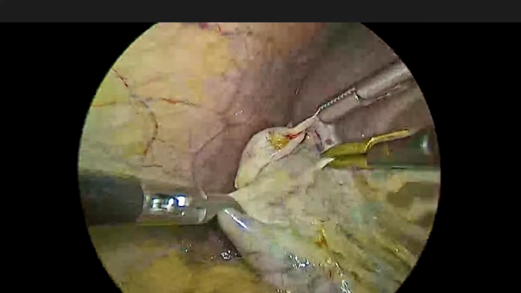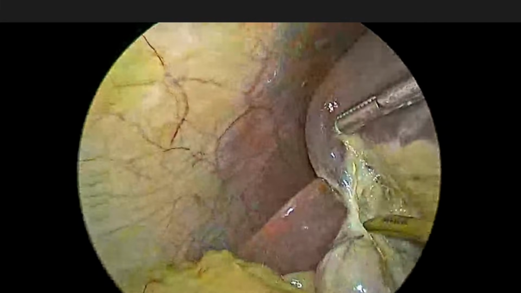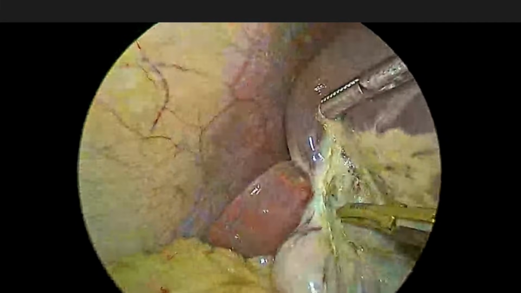We decided to go Fundus-first, so dissecting at the level of the fundus and going medially.